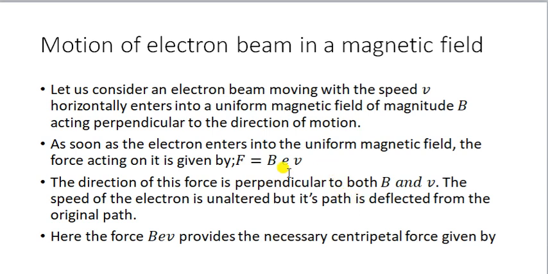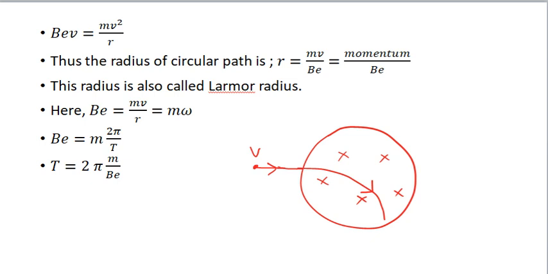This force provides the necessary centripetal force to the electron. The direction of this force is perpendicular to both B and v. The speed of the electron is unaltered, but the path is deflected from the original path. So we can write Bev is equal to mv square by r, and then we can find the radius as mv divided by Be.